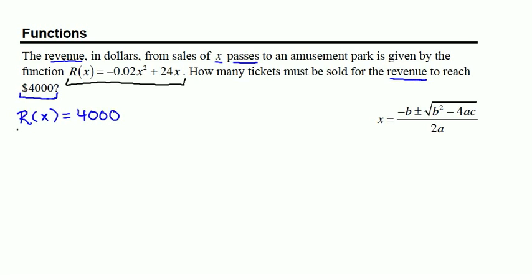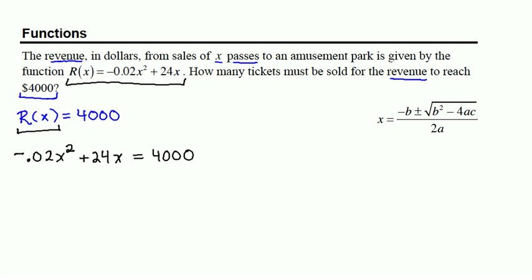Then we can substitute in our function, minus 0.02x squared plus 24x, in place of this R of x, keeping the equals and the 4,000 exactly as they are. There are a lot of options for how we might approach an equation like this one. I would start by at least getting all the terms on the same side.